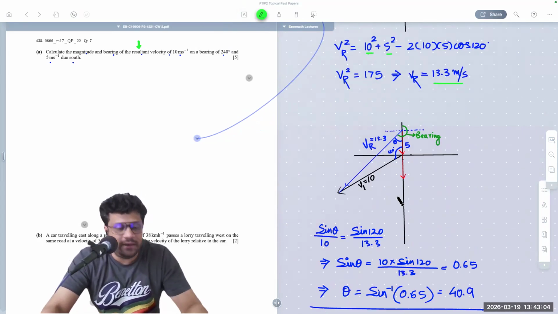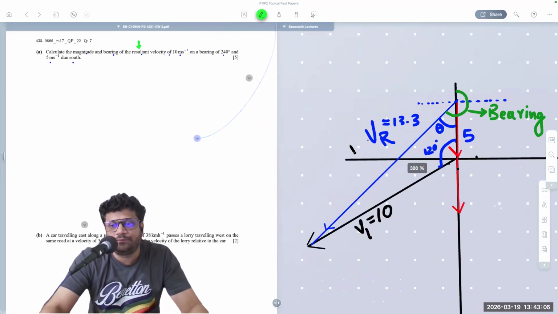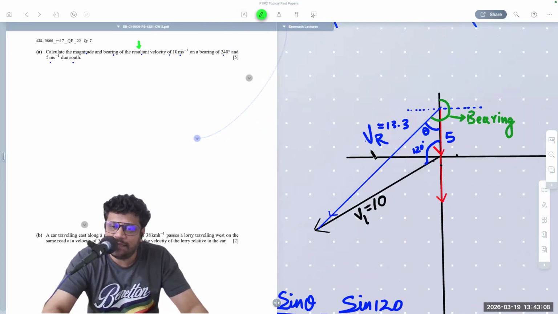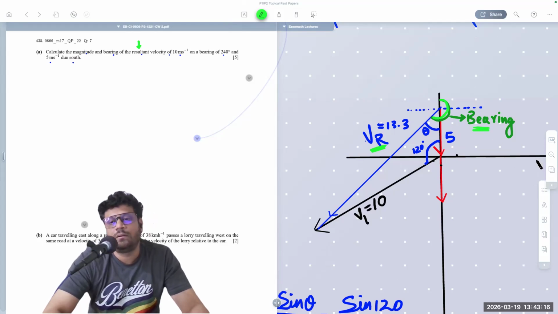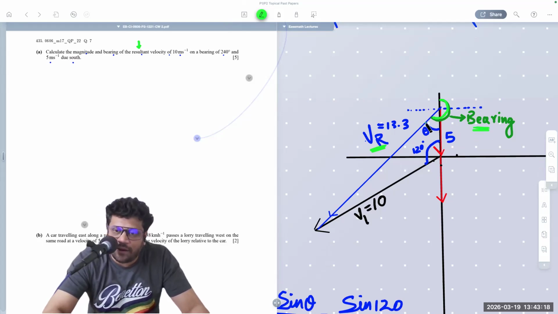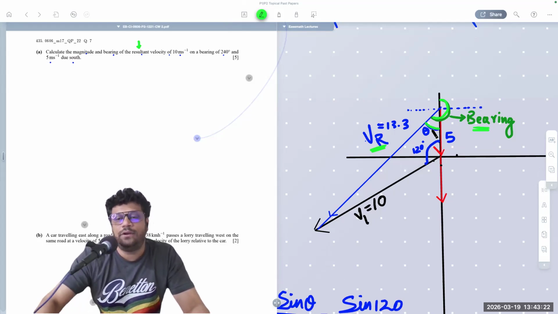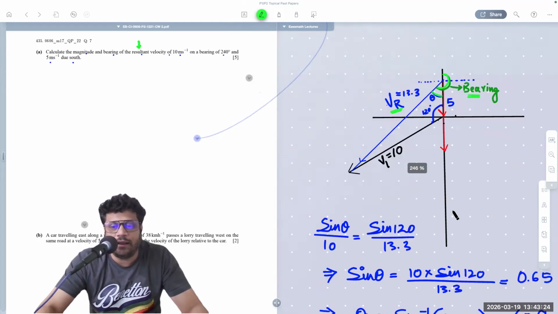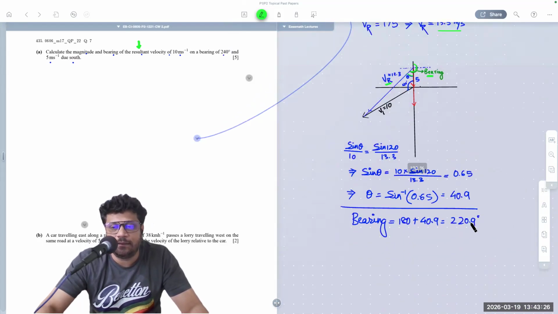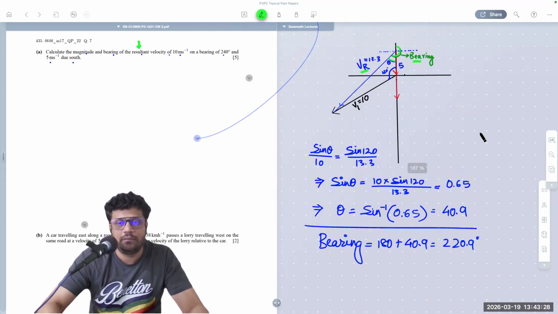So we go look at the diagram again. There. This is the resultant velocity. And the bearing it has is supposed to be this thing. For that, I'm going to find out this angle. To find out that angle, I'm going to use sine rule in the triangle. And there is the setup.